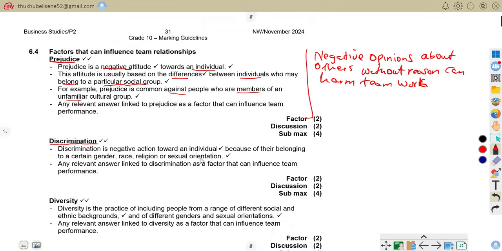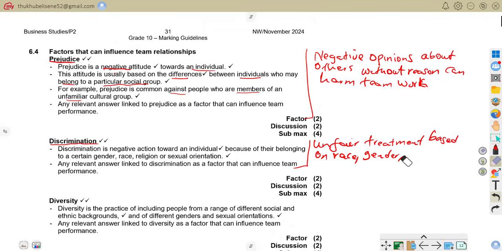Now we have discrimination. So when you're talking about discrimination, you're talking about unfair treatment based on race, gender, and etc. Causes conflict.